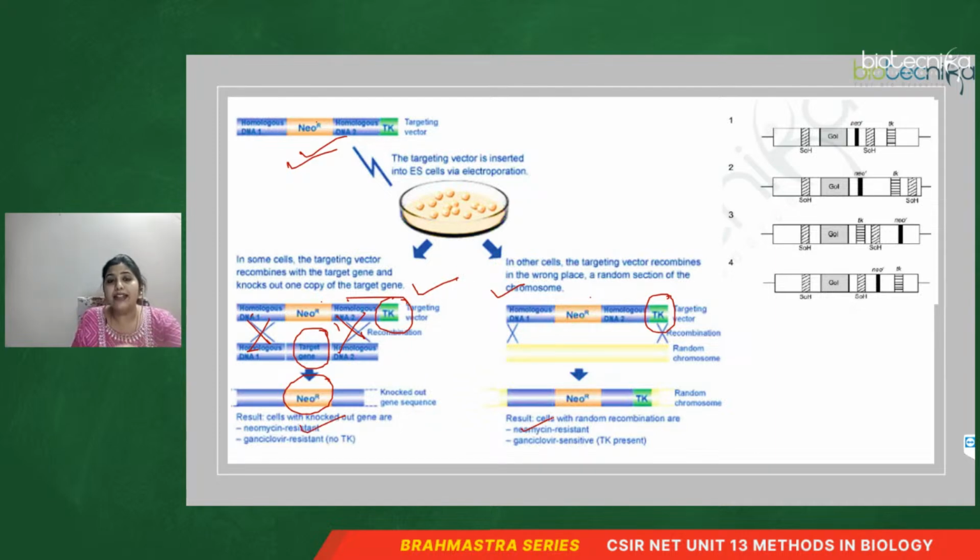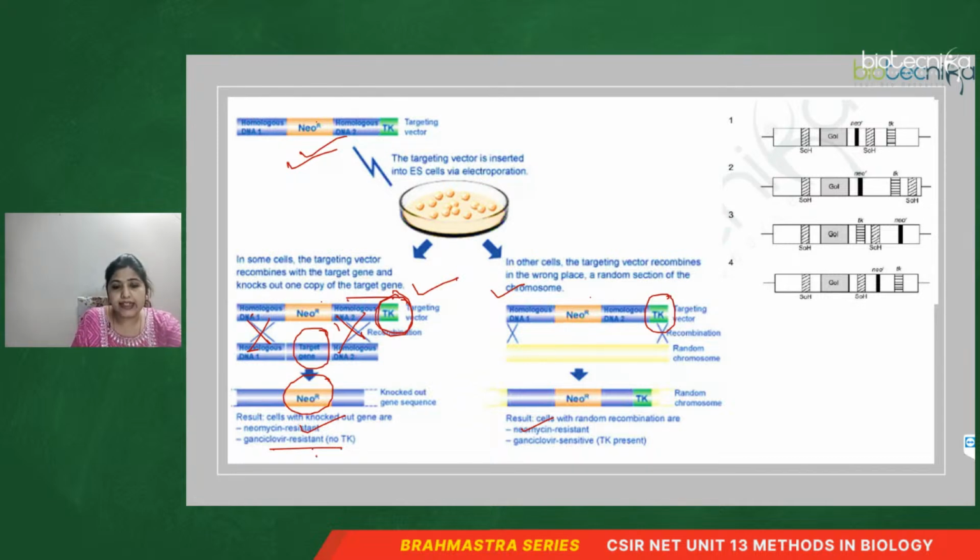But when you add the ganciclovir, thymidine kinase converts the ganciclovir into a terminator of DNA synthesis, which results in killing of the cell. Because in targeted gene insertion, thymidine kinase is lost, the ganciclovir will not result in killing, because it will not be converted into the terminator of DNA synthesis.